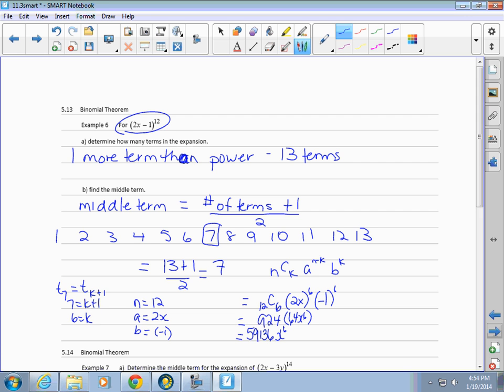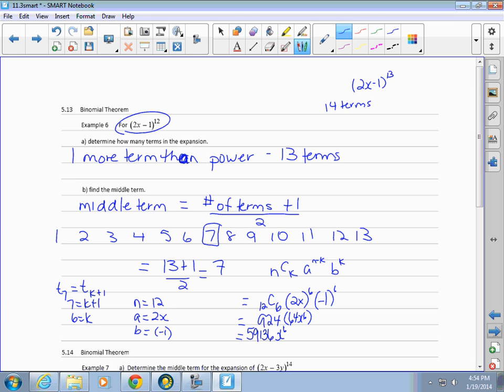So what you'll notice though is, what if my power was 13? Can I find a middle term for a power of 13? If I did this for 2x minus 1 to the power of 13, then that would mean I would have 14 terms.